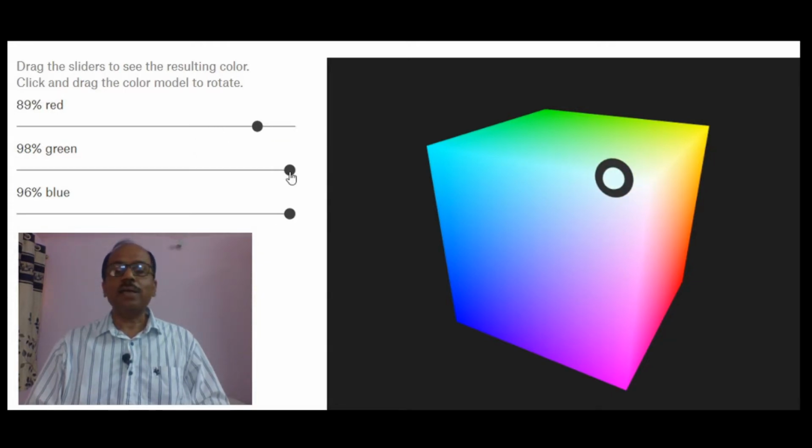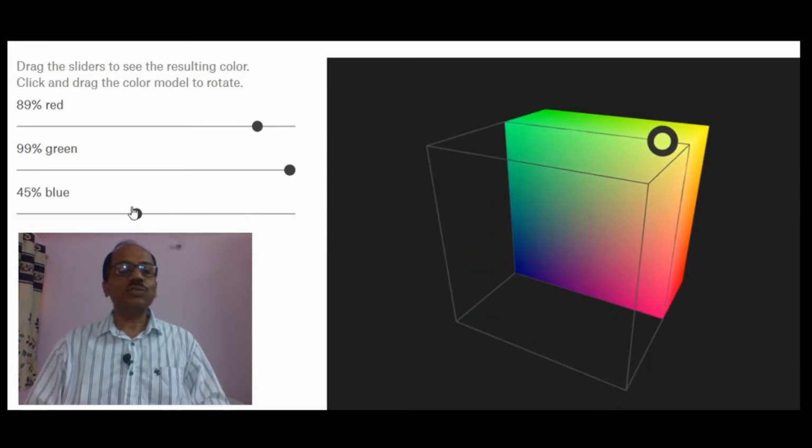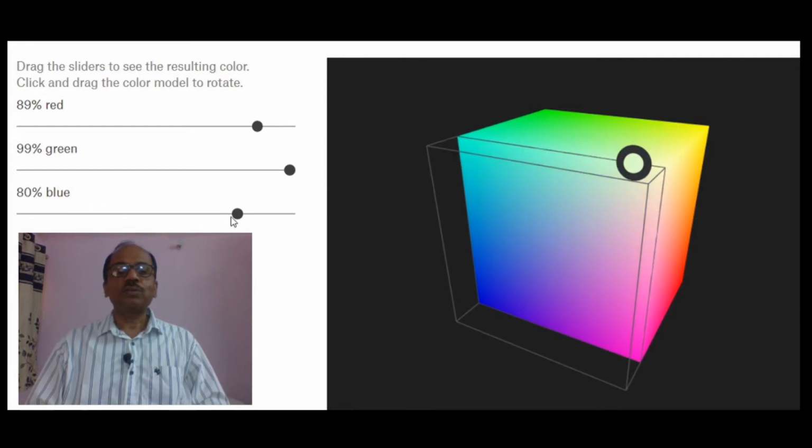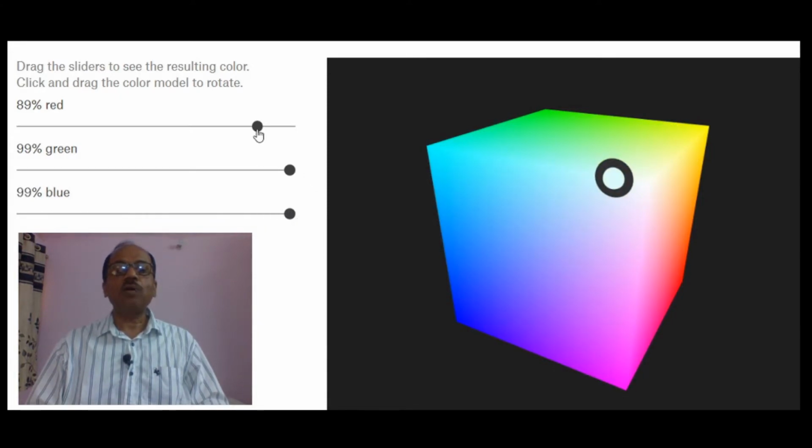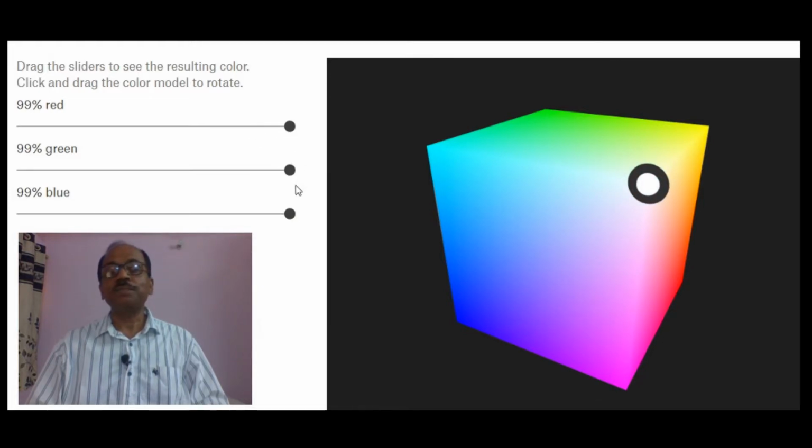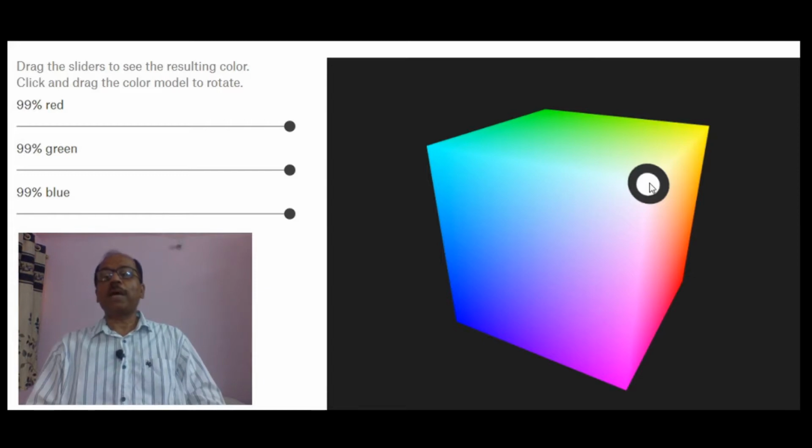Likewise, the green color is placed on the y-axis and moves vertically, and the blue color is placed on the z-axis, so it moves diagonally. Now you understand how these colors are placed on various axes. If all are at 100%, then the color will be white, as you are seeing inside the enclosed circle.